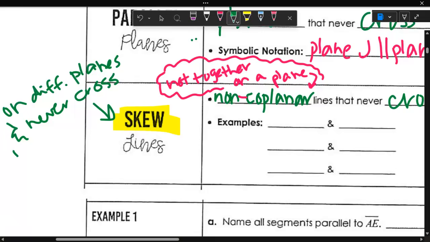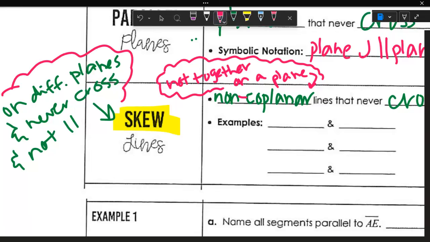And not parallel. So skew lines are lines that are on different planes, never cross, and are definitely not parallel.